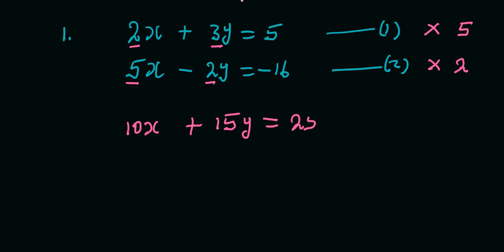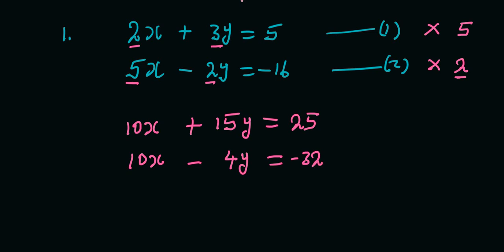Now let's multiply the whole of equation 2 by 2. So 2 times 5x, that is 10x, and 2 times negative 2y, that is negative 4y, equal to 2 times negative 16, that is negative 32.